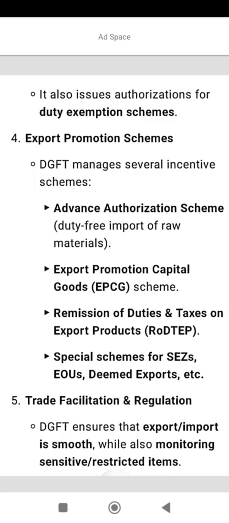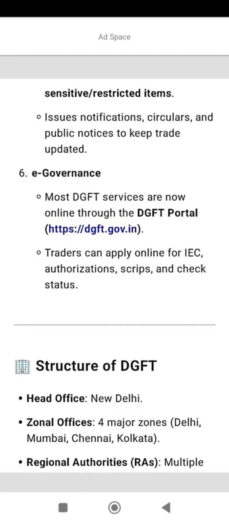Trade facilitation and regulation. Facilitation means to make something smooth, okay, to do something better, to facilitate something. DGFT ensures that import export is smooth while also monitoring sensitive restricted items.